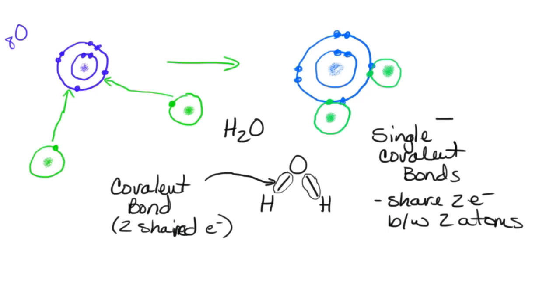Now, if we look at some of the other possibilities, here I have 2 separate oxygen atoms, and again, each oxygen atom has 2 unpaired electrons on its valence shell. So consider that if this one shared its electron there and this one shared here, and then we had the same thing happen for these other 2 that are unpaired.